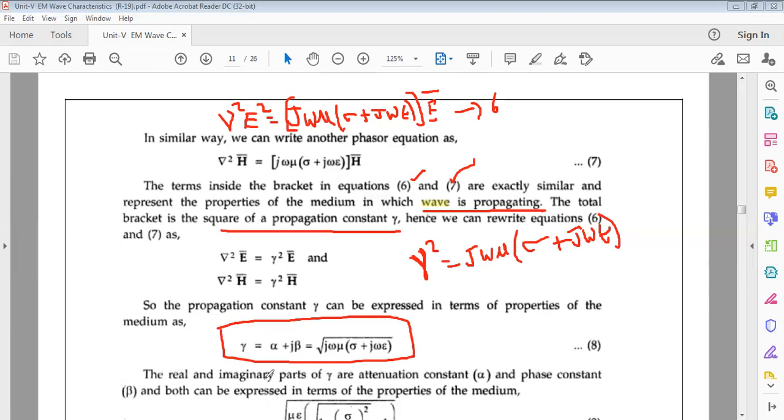Got it, madam? The real and imaginary parts of the propagation constant gamma are the attenuation constant alpha and the phase constant beta.